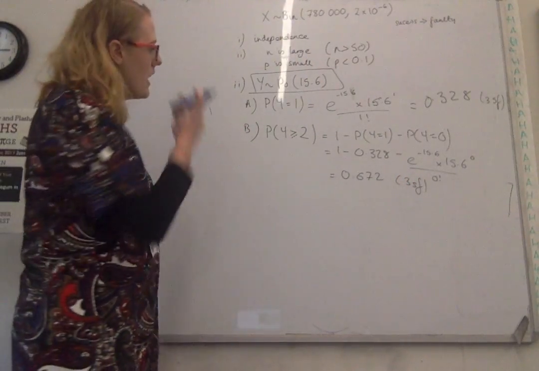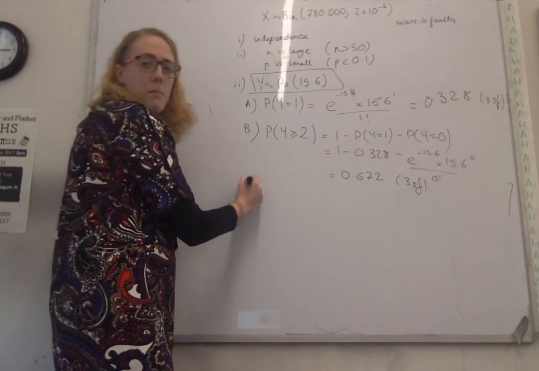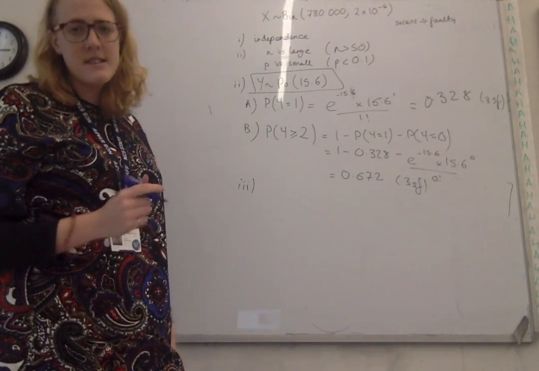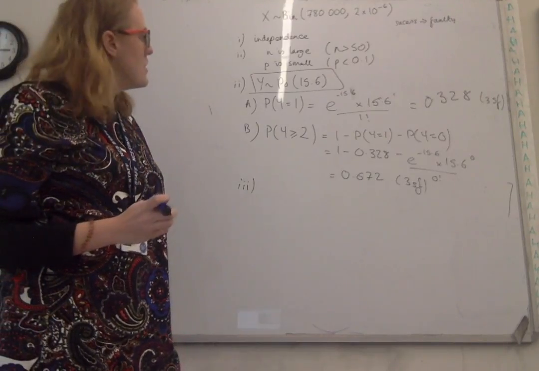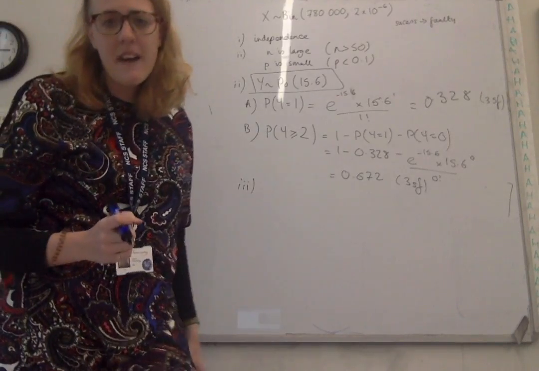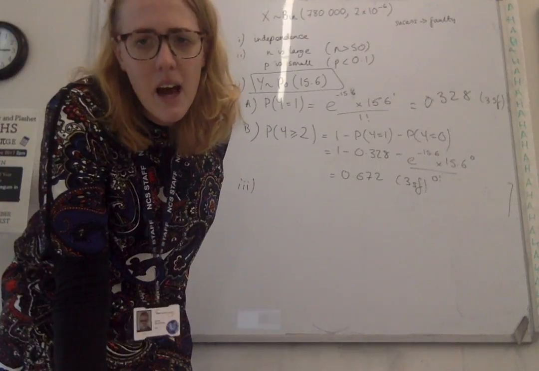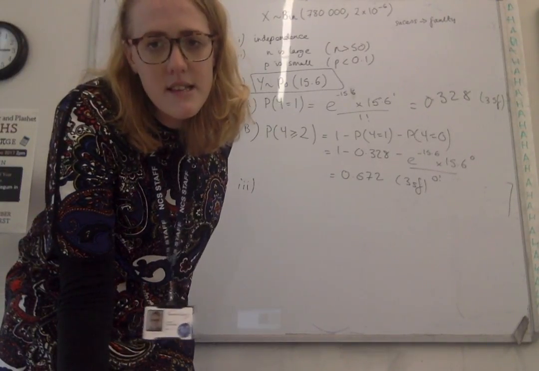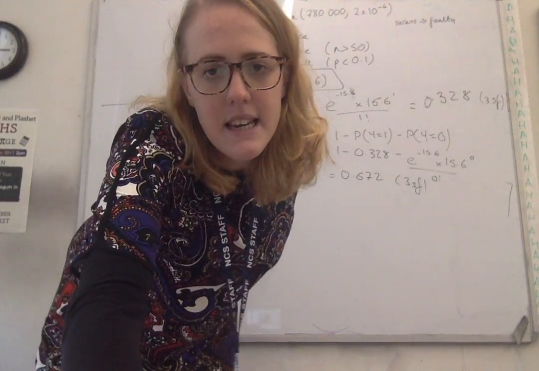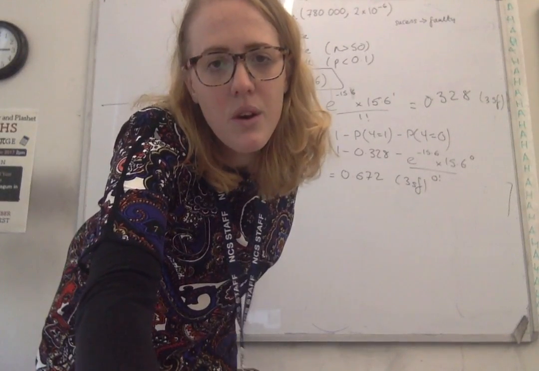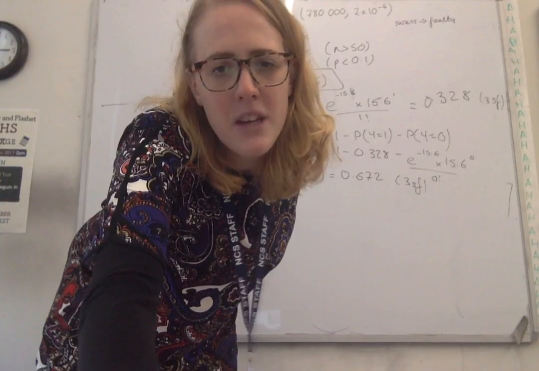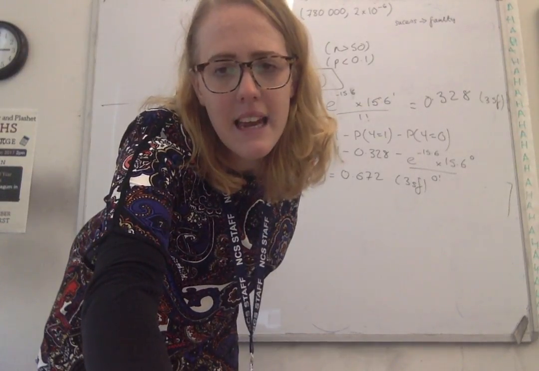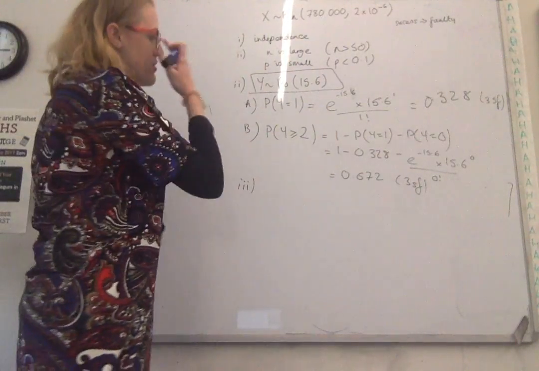And then for part 3, it asks us about a batch of 5 monitor screens, where we needed exactly one of the 5 to have at least 2 faulty pixels.